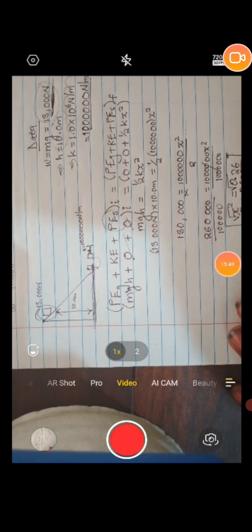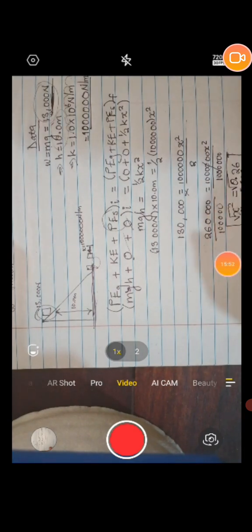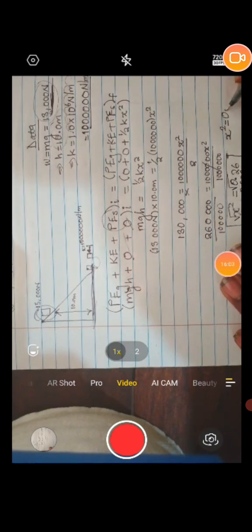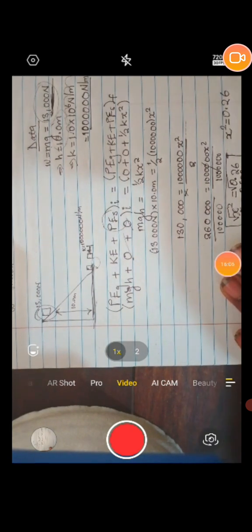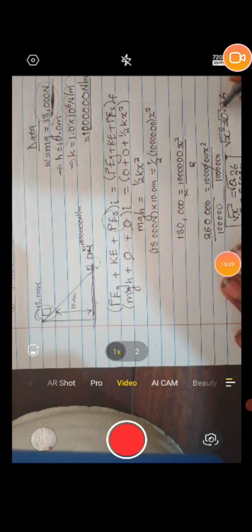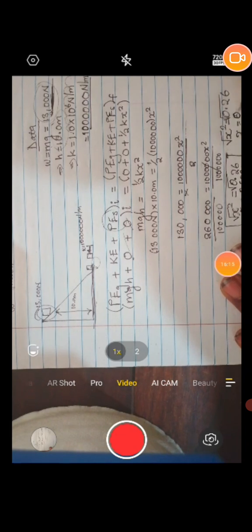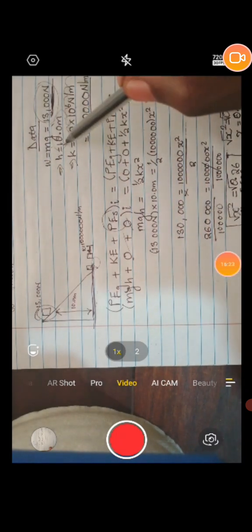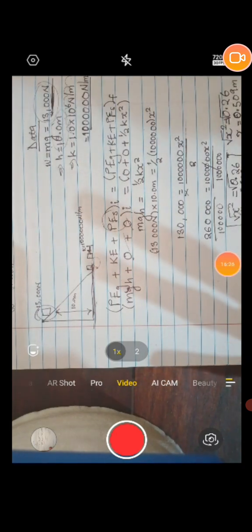Since I don't have the calculator, when you divide this, you get x squared equal to 0.26. Then you find the square root of 0.26, and you get x equal to 0.509 meters. But remember, our answer should be in 3 significant figures, so you need to round off this answer.